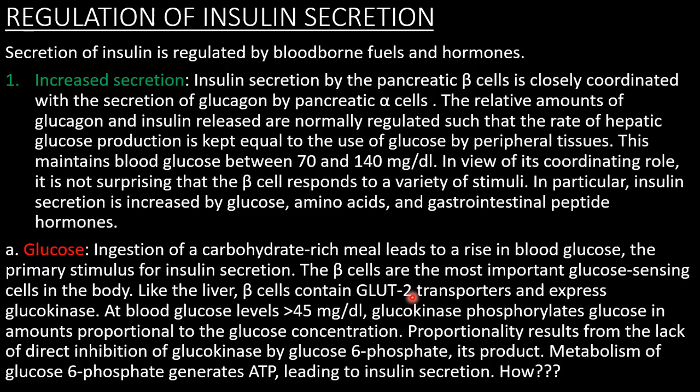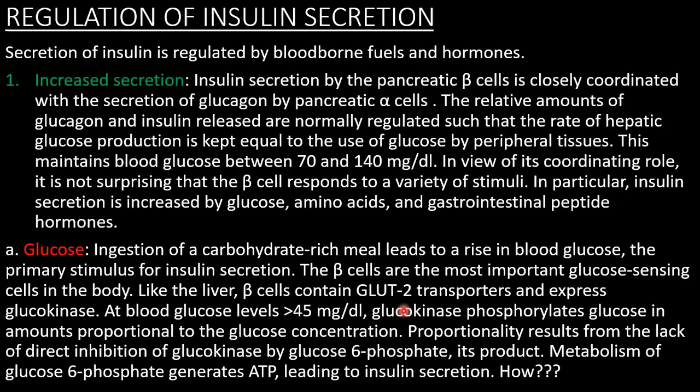If you remember your glycolysis, glucokinase has a high Km, so it can only phosphorylate glucose when the concentration of glucose is very high, unlike hexokinase, which has a low Km and can phosphorylate glucose at even minimal concentration. So glucokinase is activated when there is a high concentration of blood glucose.